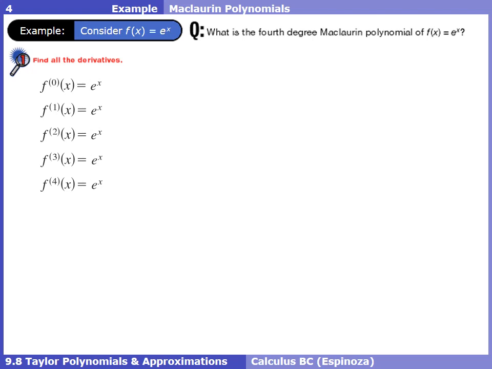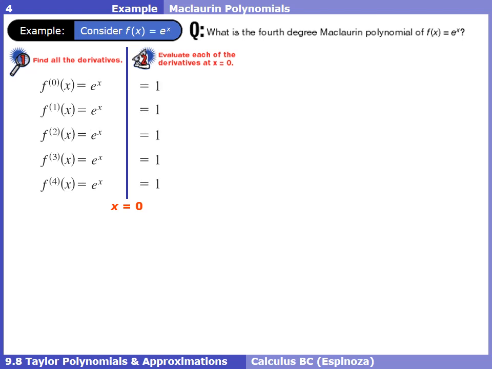So that was nice and simple in this problem. Again, we're dealing with a Maclaurin polynomial here, so we need to know that that's centered about x equals 0. Or in other words, we need to plug in 0 into all of these derivatives. Luckily, they're all the same derivative, so e to the 0 power would always be 1.